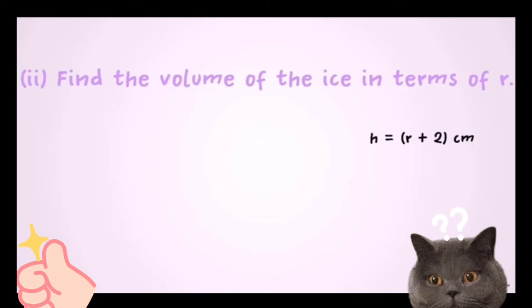Question 2. Find the volume of the ice in terms of r. In this case, we need to make only r terms in the volume of cylinder formula.